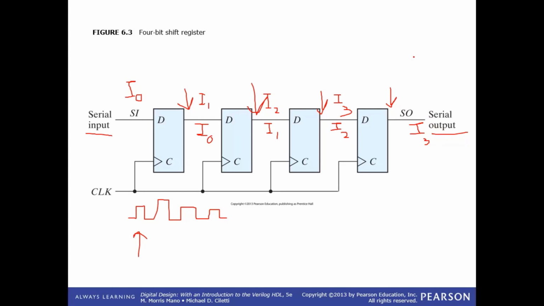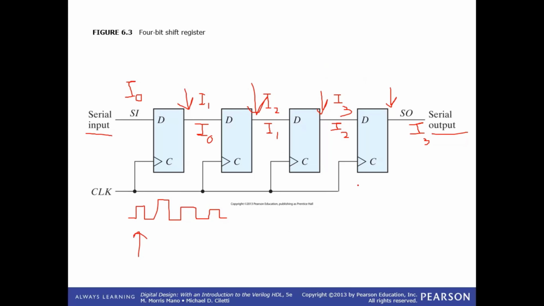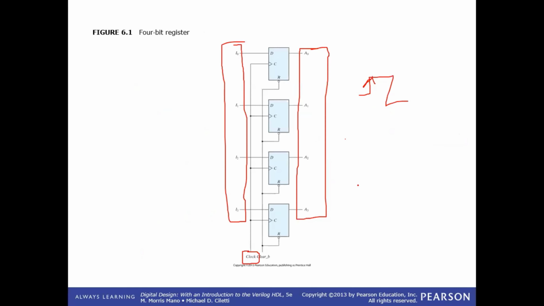But there is a difference between this circuit and this one. And what is that difference? That in this circuit, all the 4 bits are transferred at the output at the same time. Is that right? Yes, sir.